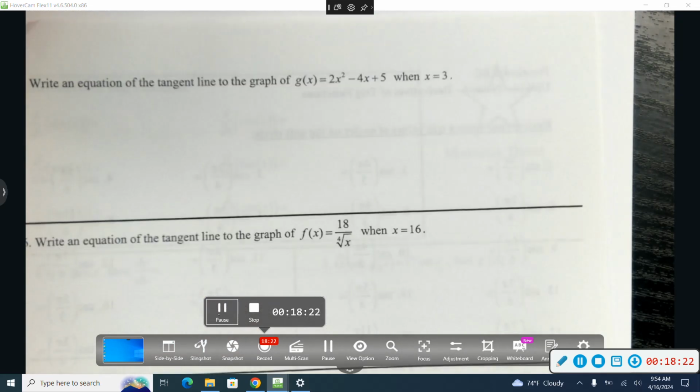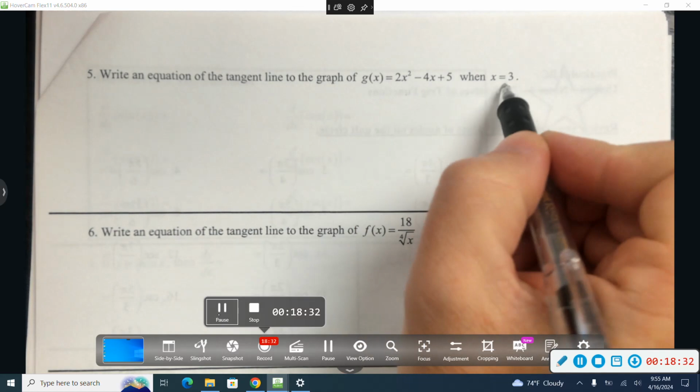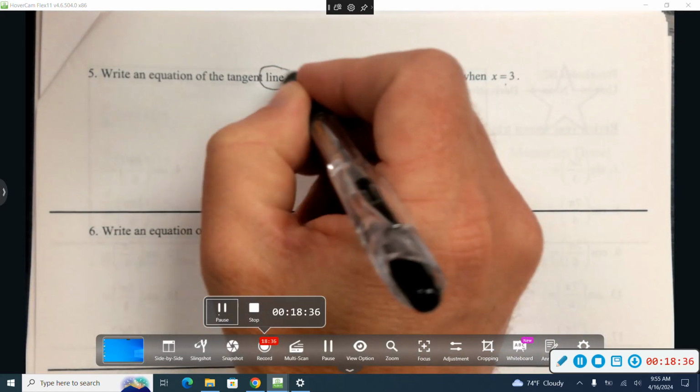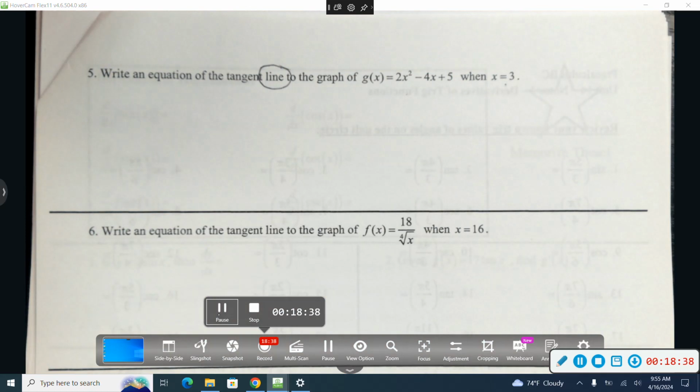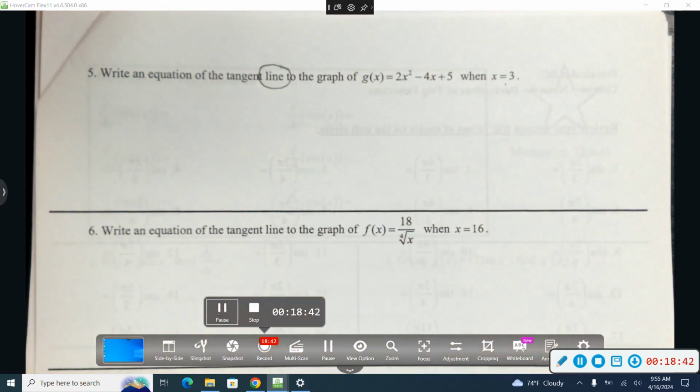Number 5. Write an equation of the tangent line. Uh-oh, that's new. All right, the equation of a tangent line to this graph when x equals 3. Well, anytime I want to write an equation of a line, just forget the tangent line, just any line at all, it would be nice if I had... Actually, you tell me, what are the different forms of the line?